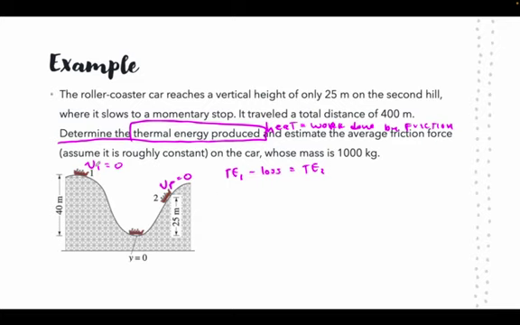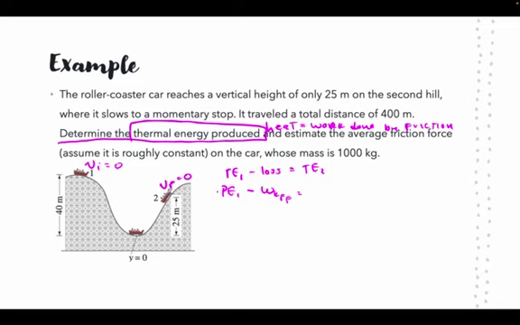So at the beginning, there's no springs, so there's no elastic energy. The cart is not moving, so there's no kinetic energy. So that means that we have potential energy. So the potential energy at 1 minus the energy loss, right, which is the work done by friction, is equal to the total energy at the end. Here at point 2, there is no spring, so there's no elastic energy.